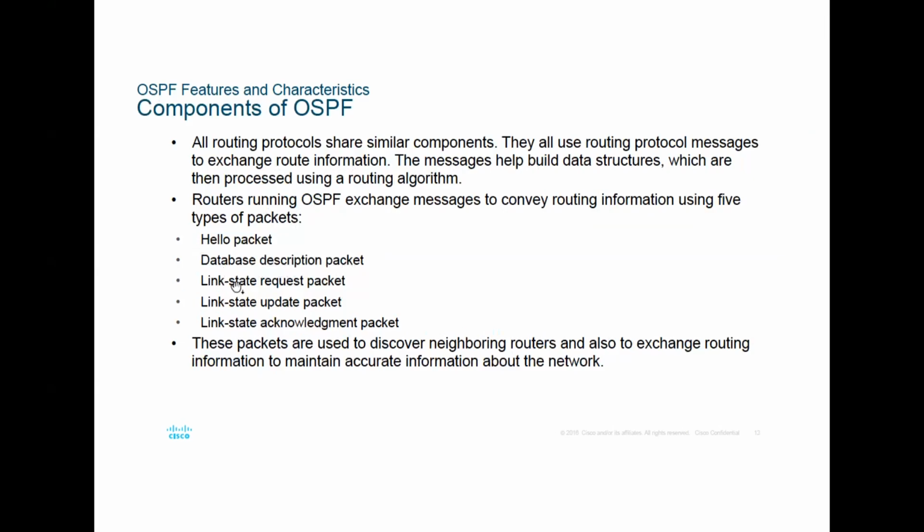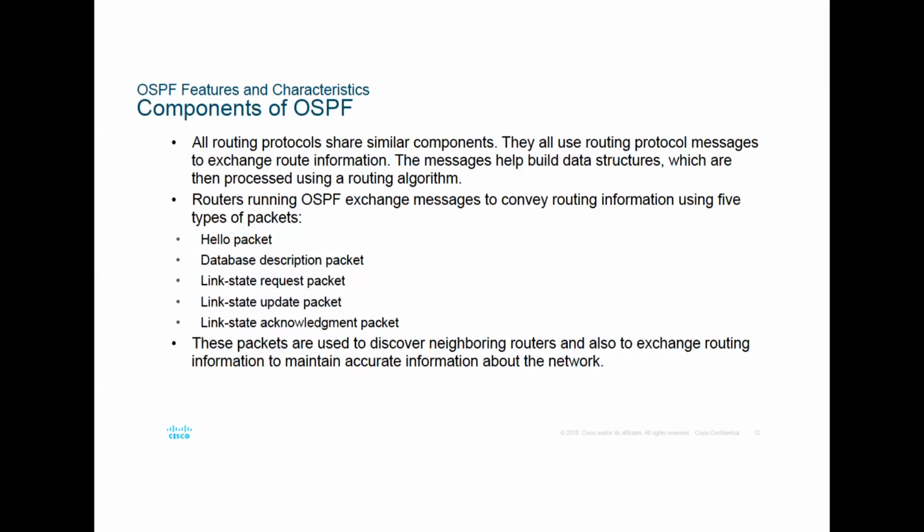Third, link state request packet. Fourth, link state update packet. Fifth, link state acknowledgement packet. These packets are used to discover neighboring routers and also to exchange routing information to maintain accurate information about the network, meaning the distance and current shortest path. That is the information that we need to know in order to choose the best route path.